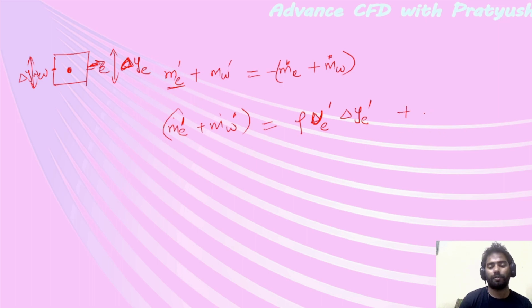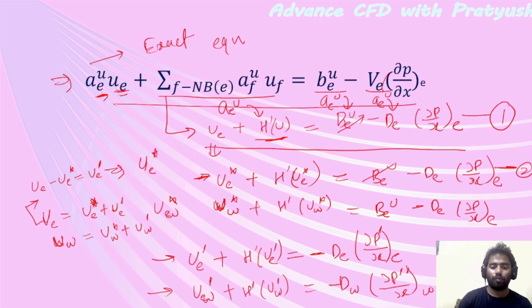Similarly, there will be a correction to the mass on the west side into del Y. Now this UE dash and UW dash, we have already gotten the equations earlier. So I am going to put these values into this equation.